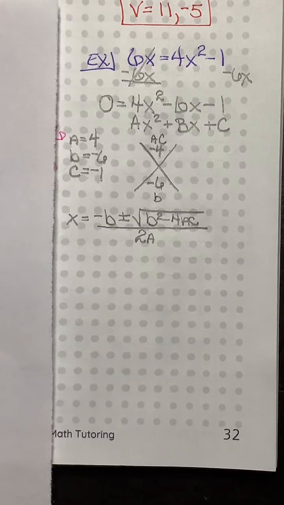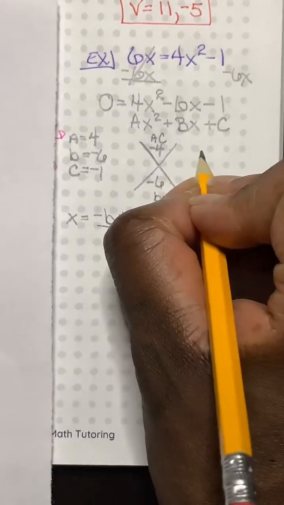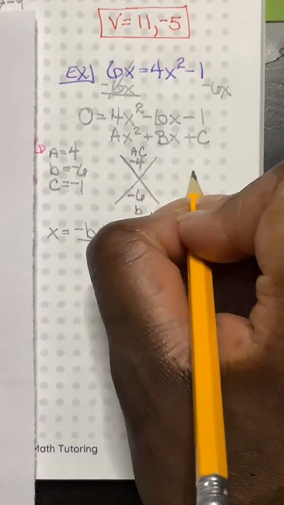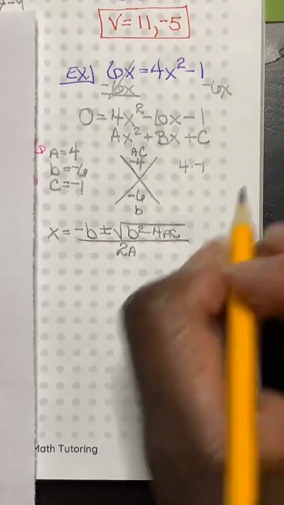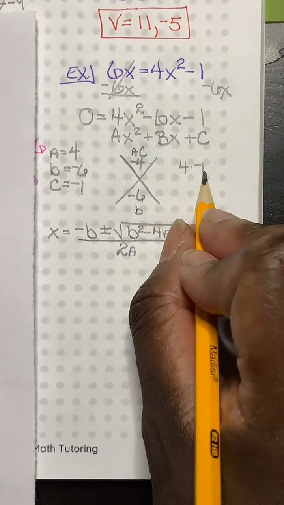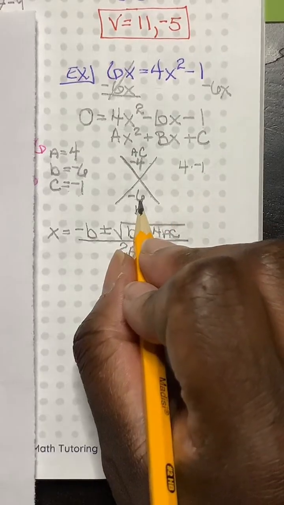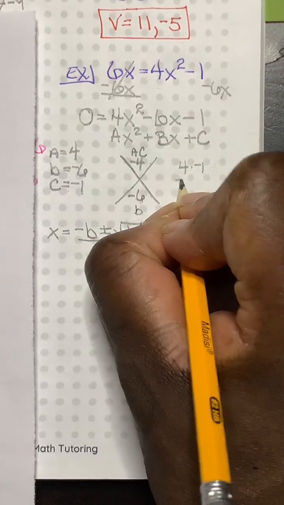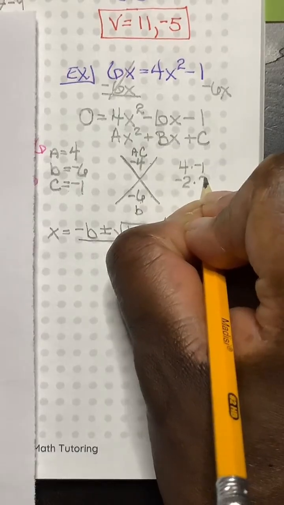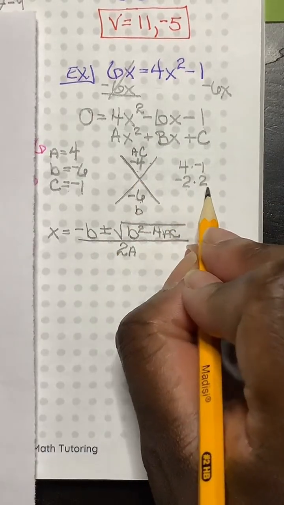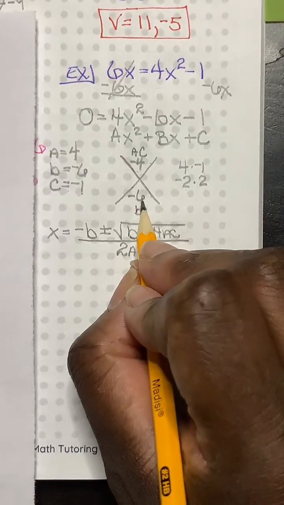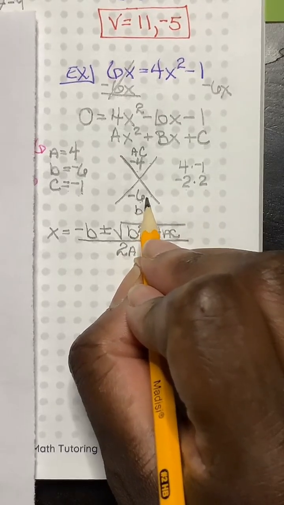They don't add to -6. No. Because if I look at factors of -4, that'll be 4 times -1. 4 plus -1 gives me a 3, not a -6. If I wanted -2 times 2, that gives me -4, but -2 plus 2 gives me 0, not -6.